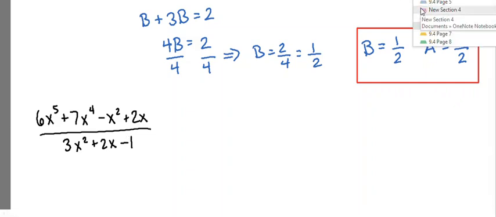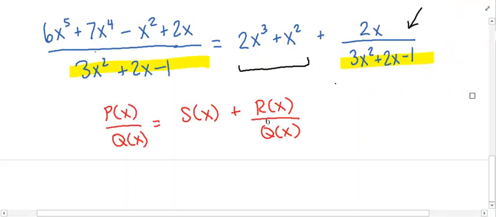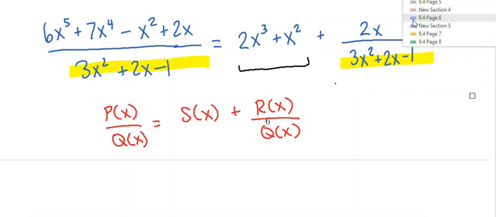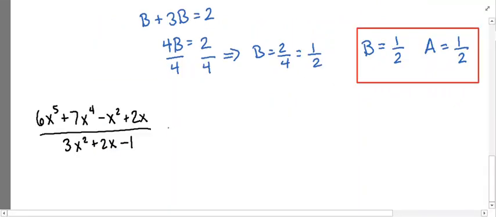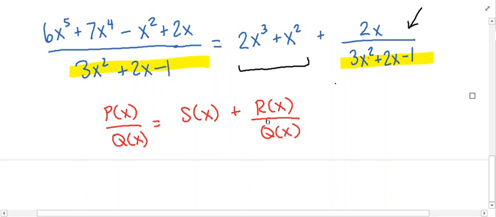After the long division, we learned that this fraction is 2x cubed plus x squared. So 2x cubed plus x squared, you cannot forget that, plus this other fraction, this 2x over 3x squared plus 2x minus 1. This is what we did the partial fraction decomposition on.